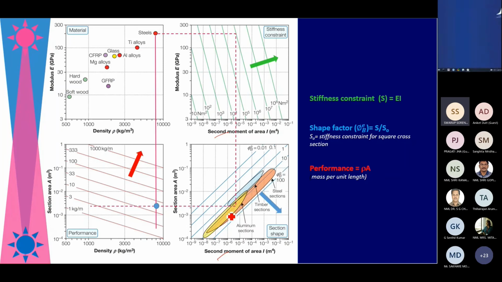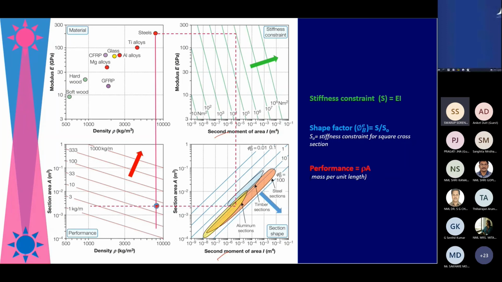Okay, for aluminum alloy, and then see where it is cutting this material at this point. So here there is section area and there is density. That means if we are going in this direction from 1, 3, 10 like that, then higher this, lower this value, then our material will be more small in mass.